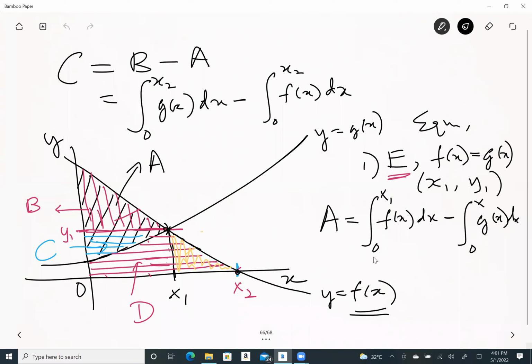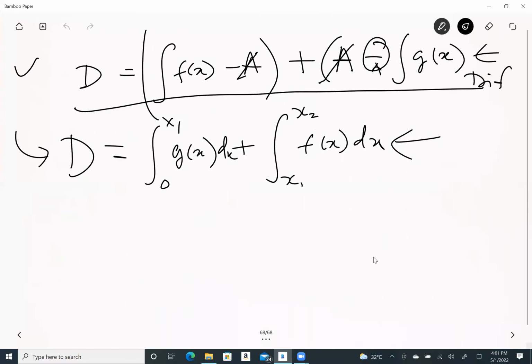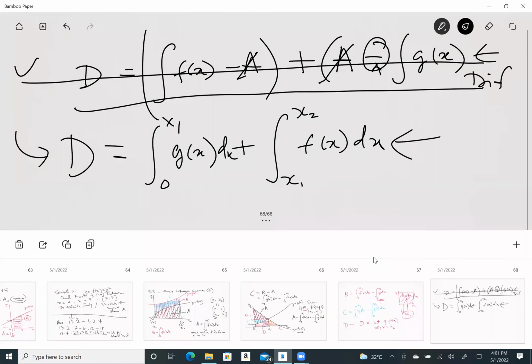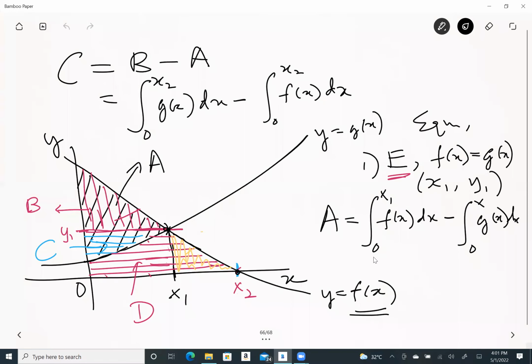So what we did just now cannot be used, because I was mistaken. Area A is in fact just that part only. Area A is the triangle bounded by D of x and F of x.